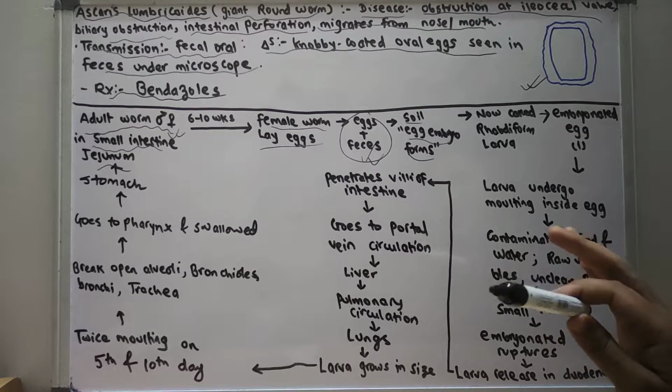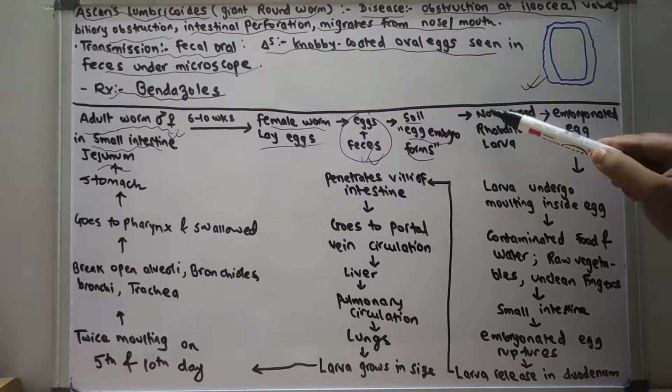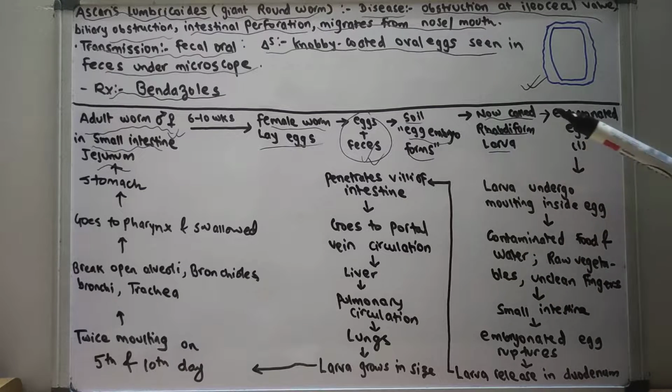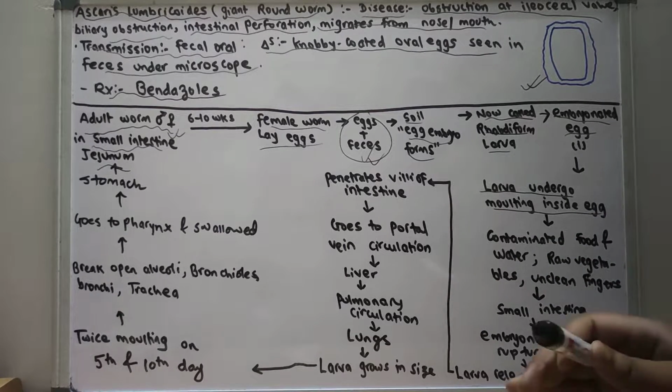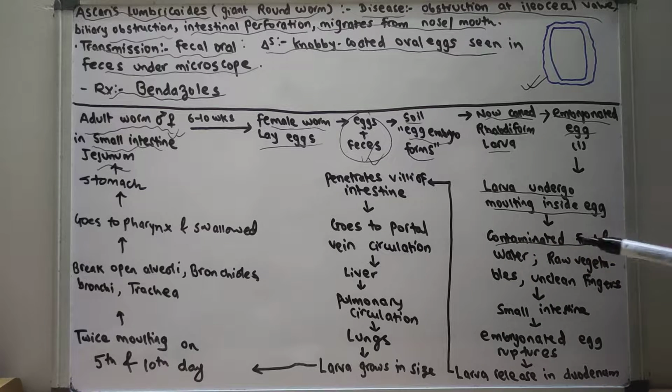Now the egg which has the embryo has the rhabditiform larva, and it is changed into the embryonated egg. The larva undergoes molting inside the egg, and side by side it contaminates food and water, raw vegetables, and also unclean fingers.